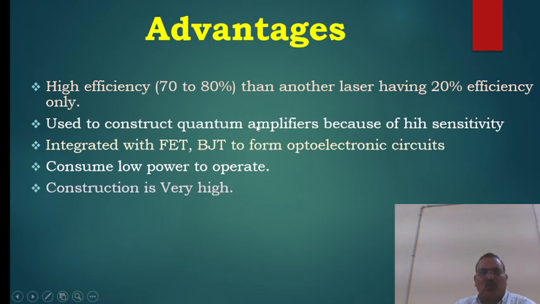These are used to construct quantum amplifiers because of high sensitivity. These lasers integrate with FETs and BJTs to form optoelectronic circuits. These lasers consume low power to operate, and the construction is very simple.